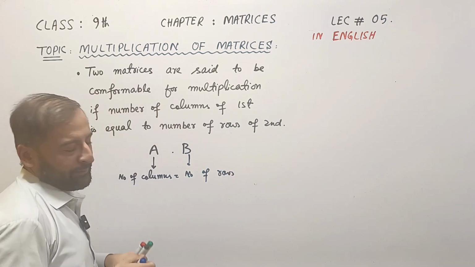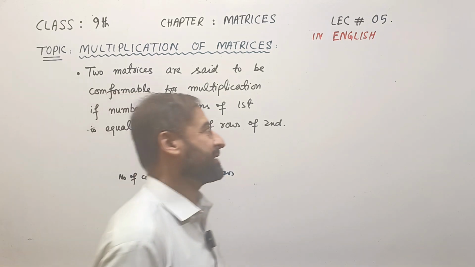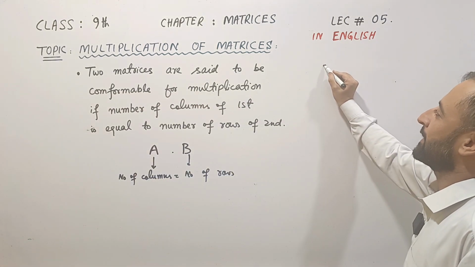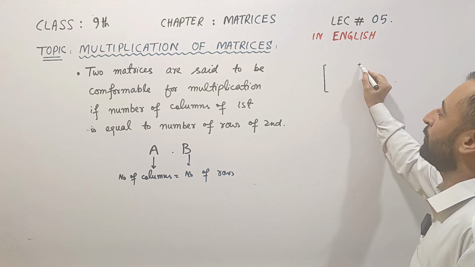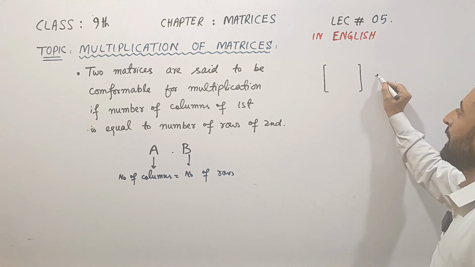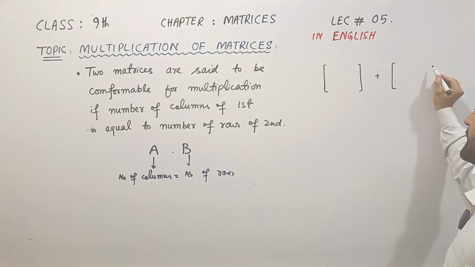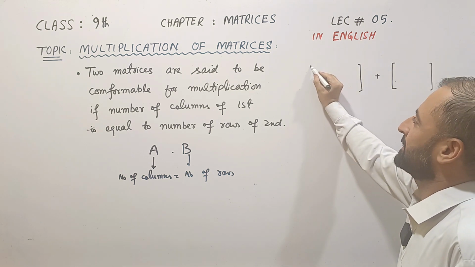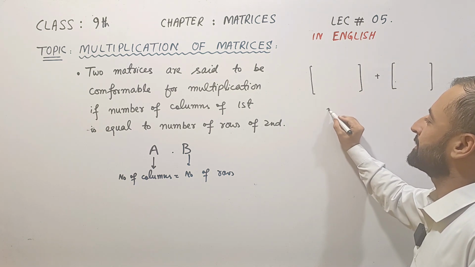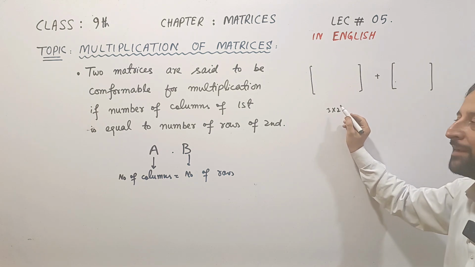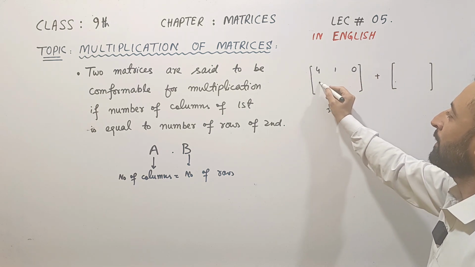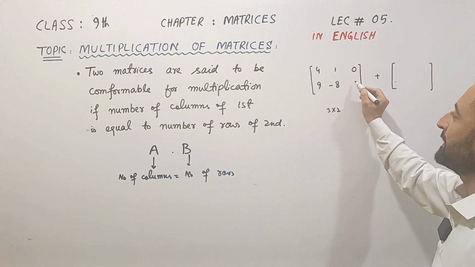If you have watched my previous lecture, there we discussed addition of matrices. So the condition for addition of matrices was the size of the two matrices should be same. Like this is matrix A, the second one is matrix B. For example, this is a 3 by 2 matrix and these are the elements or the entries: 4, 1, 0, 9, minus 8, 6.